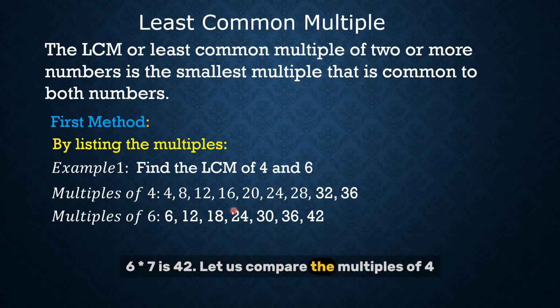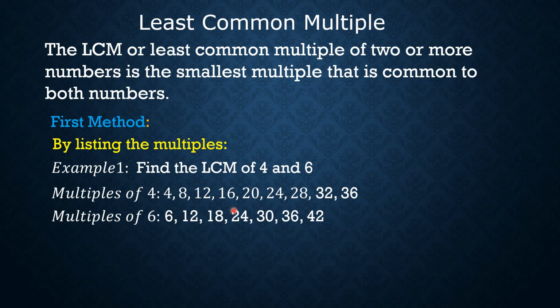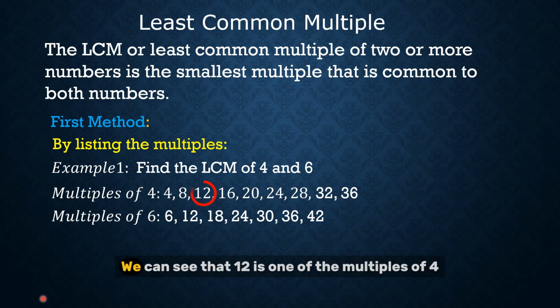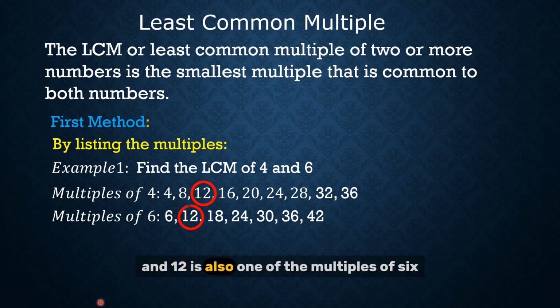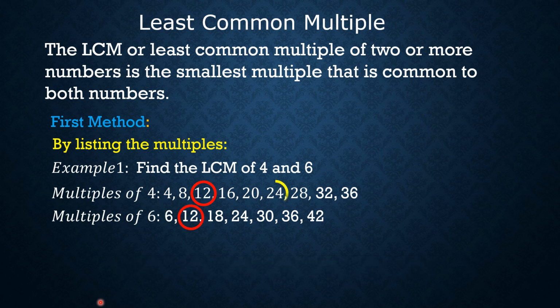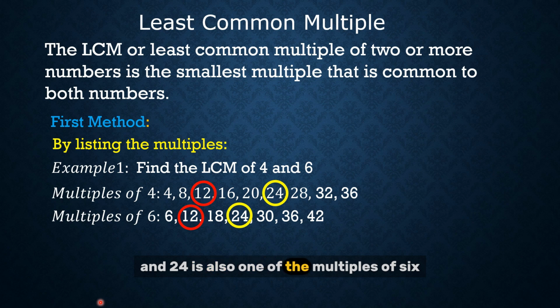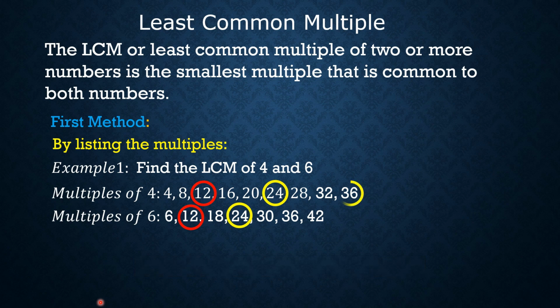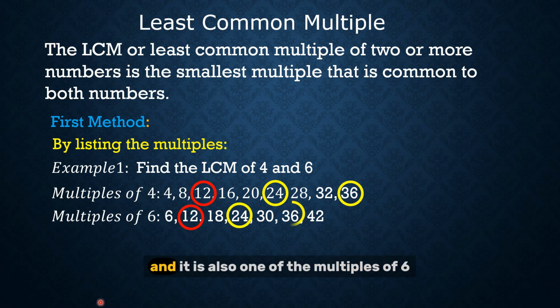Let us compare the multiples of 4 and the multiples of 6. We can see that 12 is one of the multiples of 4, and 12 is also one of the multiples of 6. 24 is one of the multiples of 4, and also of 6. 36 is also a multiple of both.